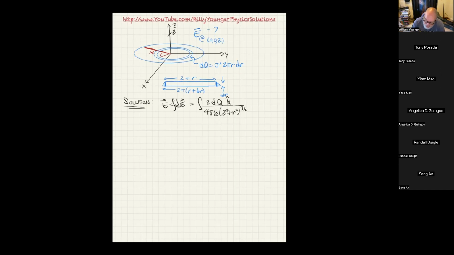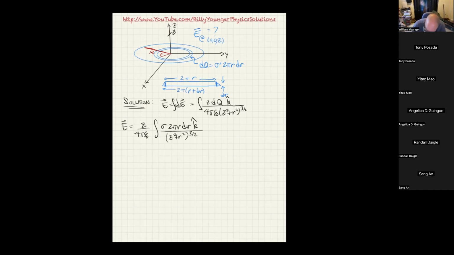So if I go to do this integral, I can say E is equal to z over 4 pi epsilon naught times the integral of sigma times 2 pi r dr k hat over (z squared plus r squared) to the 3 halves.